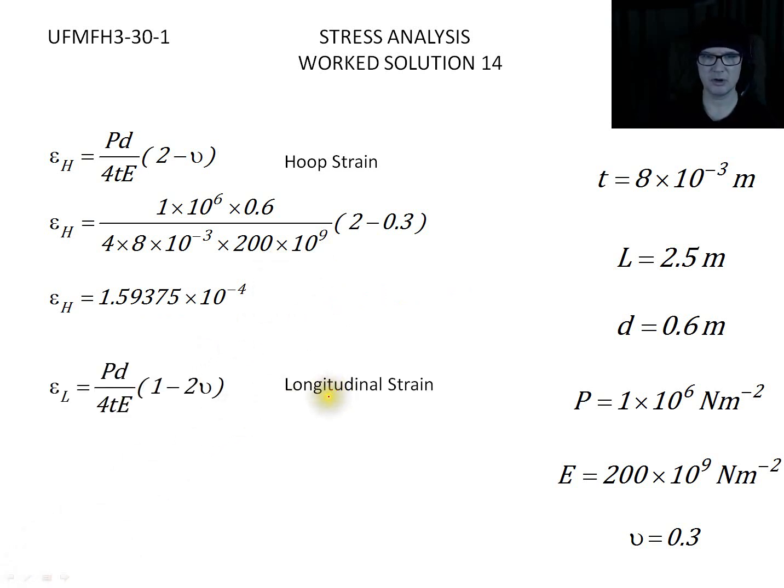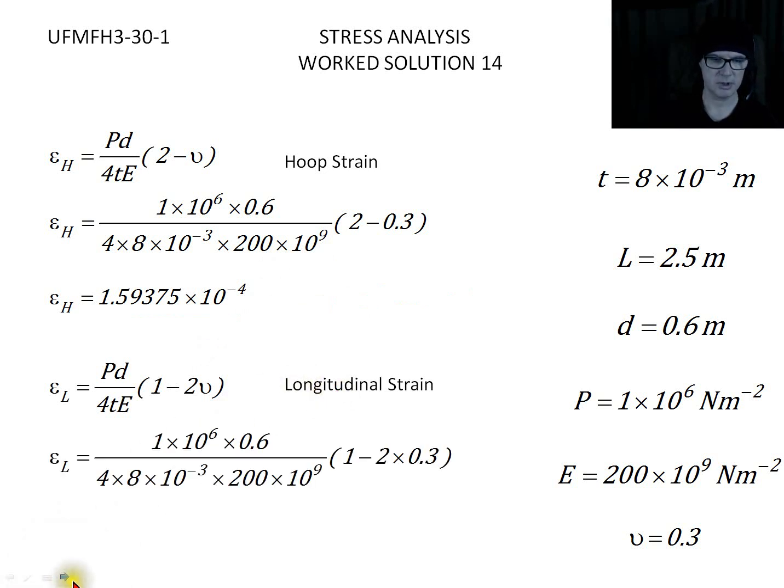Let's do it now for the longitudinal strain. Substitute our numbers in, and we are expecting less longitudinal strain than hoop strain, so we get 3.75 times 10 to the minus 5. Strain is a ratio, so we don't have any units.